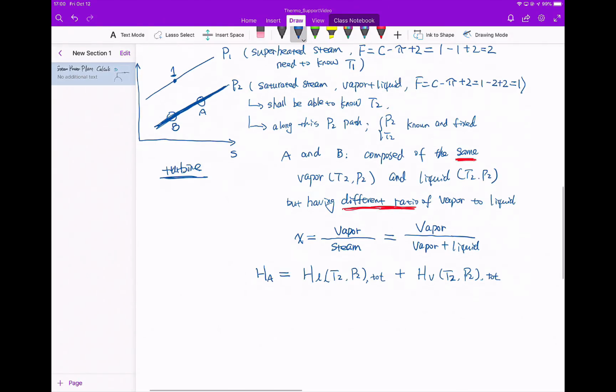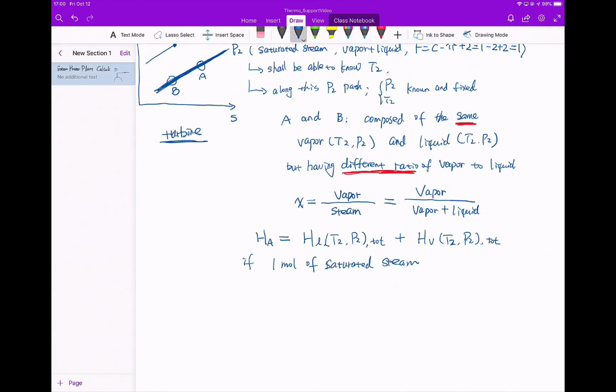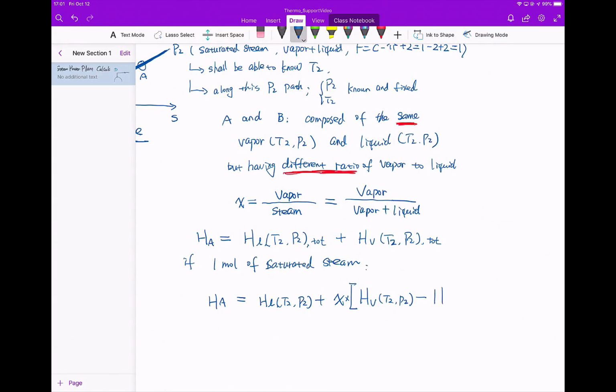Alright, so now if I do this for saturated steam, then I'm going to have this modified as HA is HL of T2 P2 plus X times HV at T2 P2 minus H liquid at T2 P2.